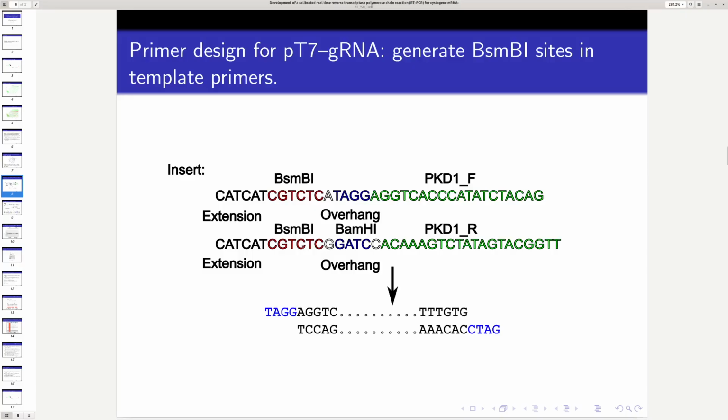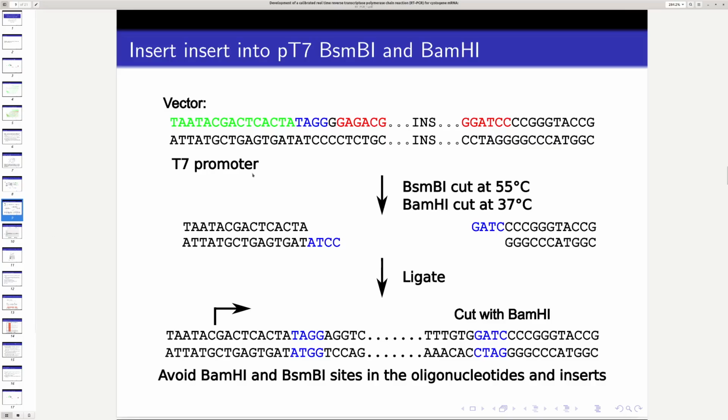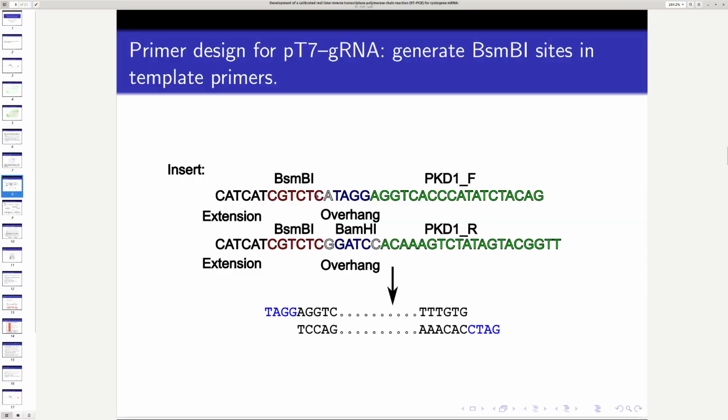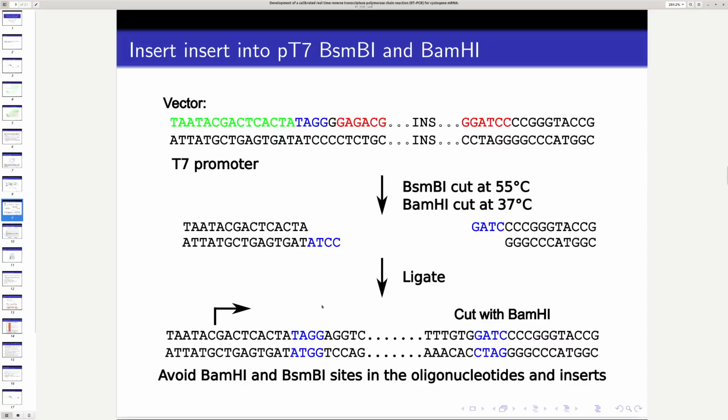On the other end, we're going to use BsmBI again, but this time it's going to create a BamHI overhang, GATC. Okay, and this is the 5' overhang here for BamHI. And we're going to stick it into the plasmid. So we take the plasmid, the vector, and we cut with BsmBI and BamHI. So this generates these sticky ends here. And then we take the PCR product generated by this one here, and just slot it in.